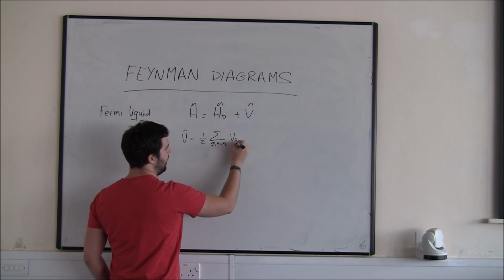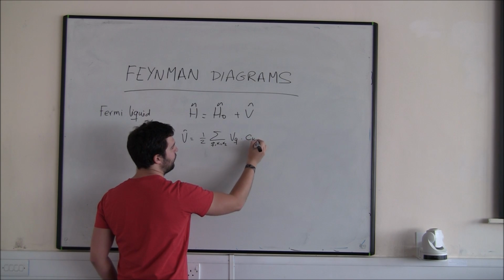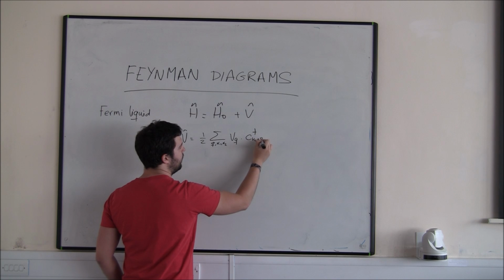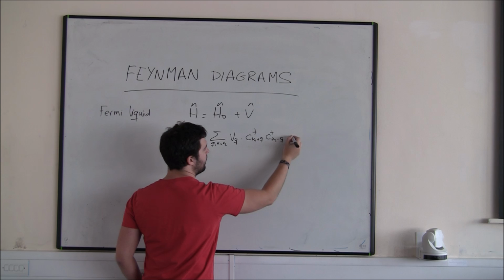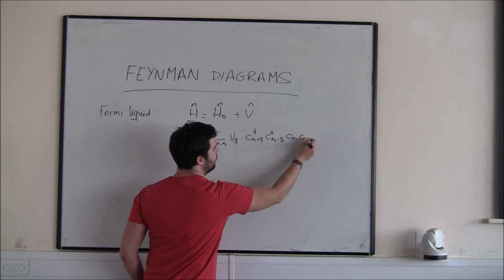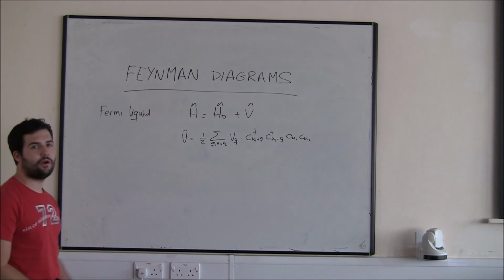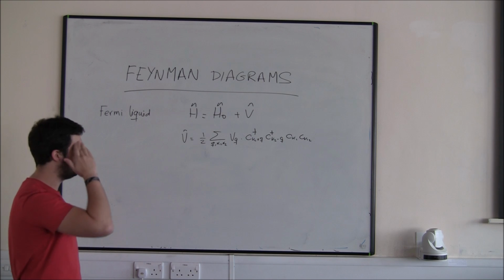Then we had the matrix element times a creation operator, another creation operator, and then two annihilation operators. So that was our interacting term in the Hamiltonian.